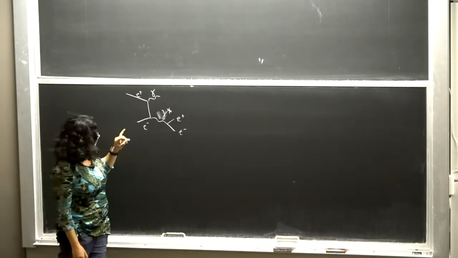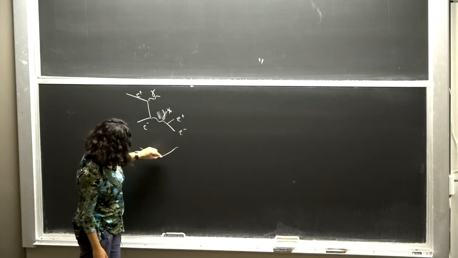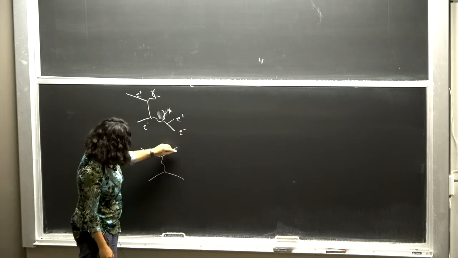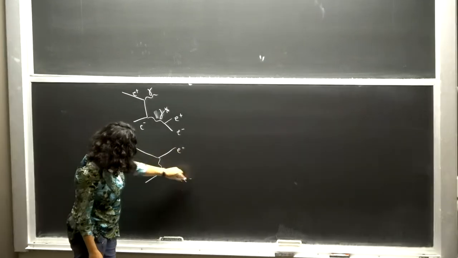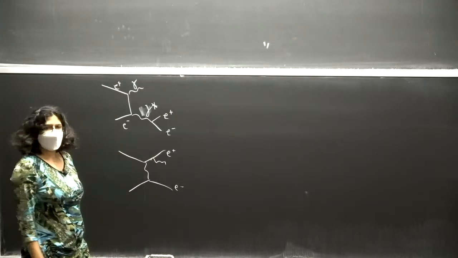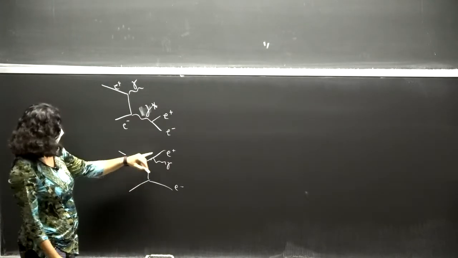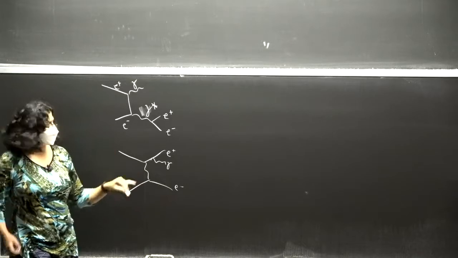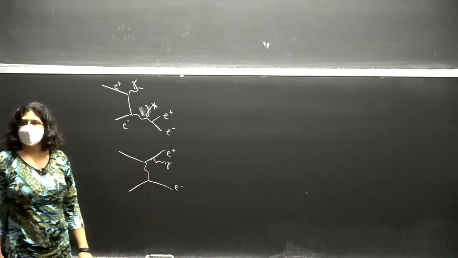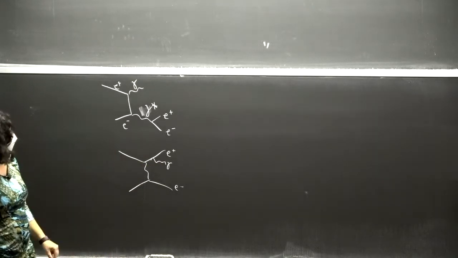But another important one is radiative Bhabha scattering. So the electron and positron just scatter off each other, and one of them radiates off a photon. That could generate the same final state.